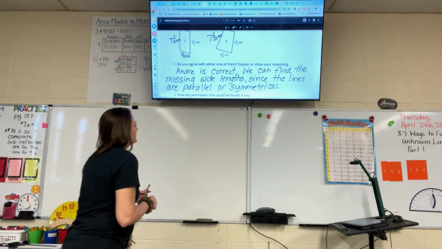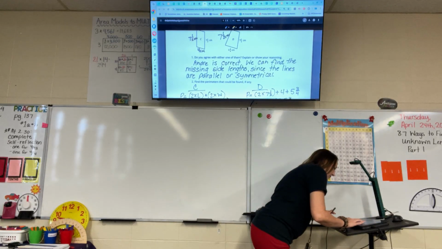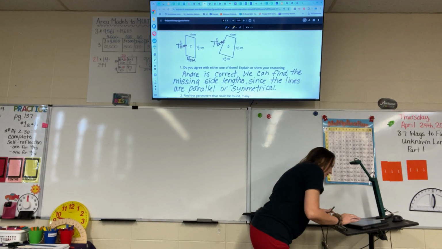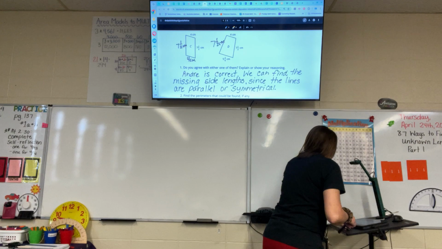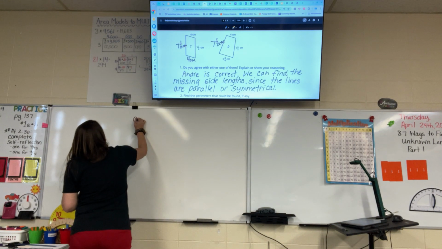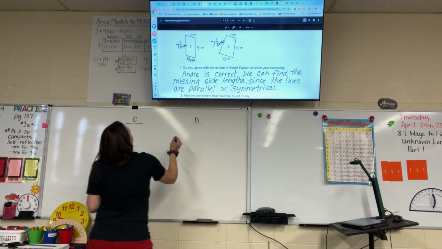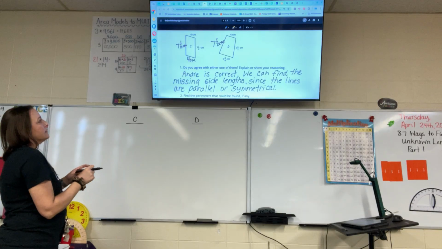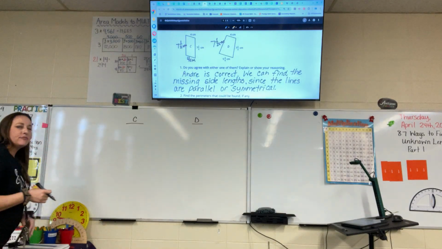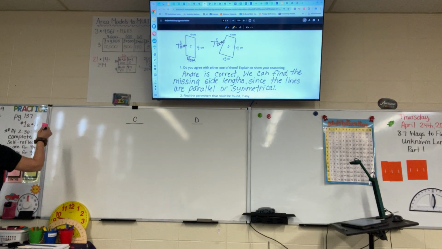And then it wants us to find the perimeters that could be found. So under number 2, we're going to write down C and D. There is a formula for finding the perimeter of a 4-sided figure.